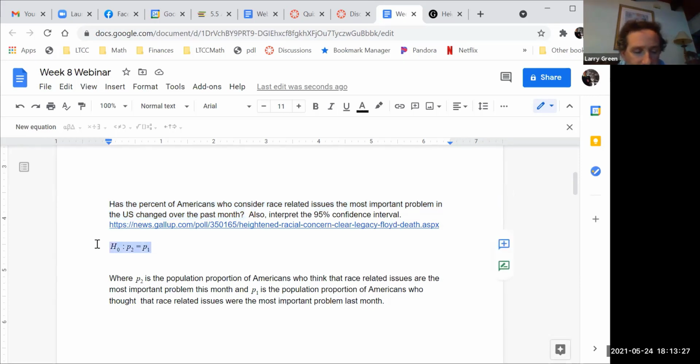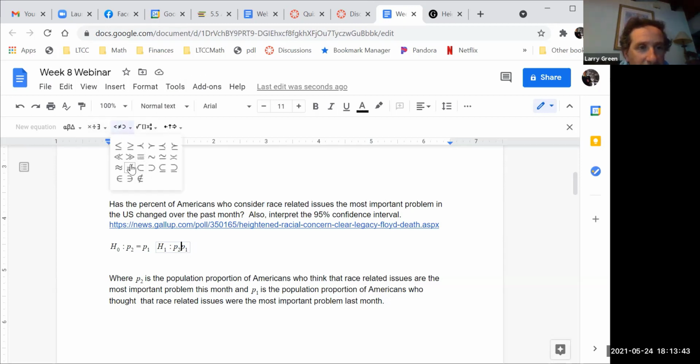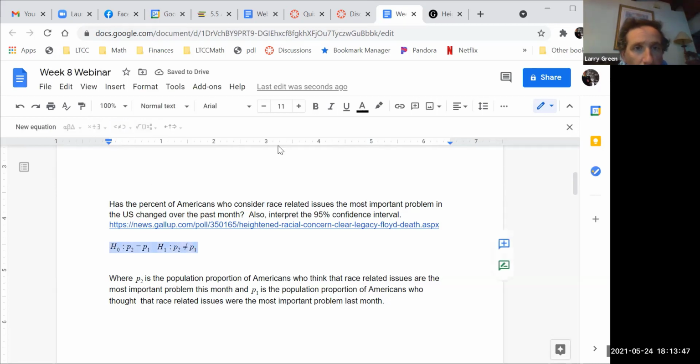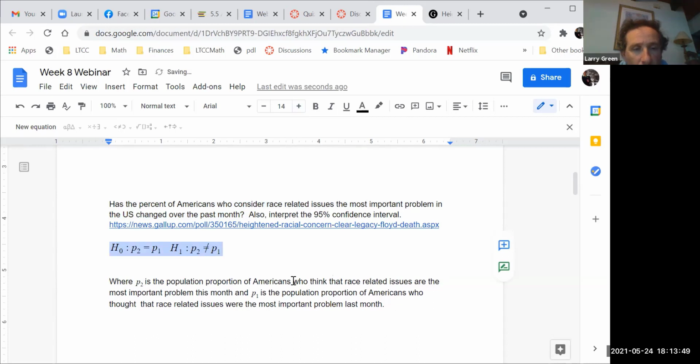So H1, and the idea is basically very similar. So I can copy and paste, change the 0 to 1. And then change the equal to, since we got changed, that's going to be a not equal to. Any questions about developing this null hypothesis and this alternative hypothesis?